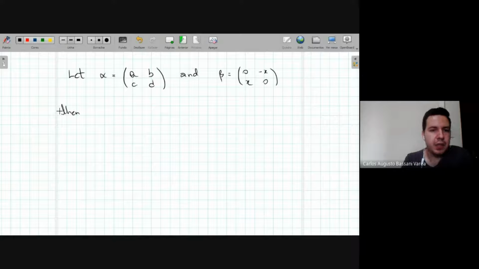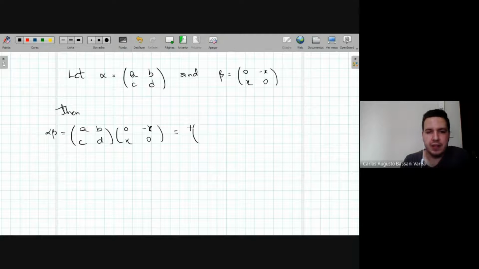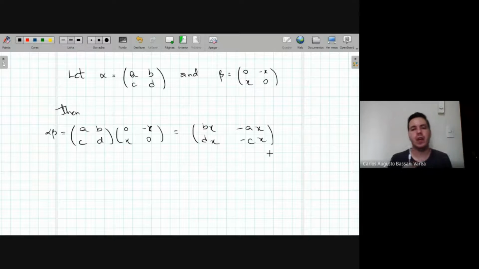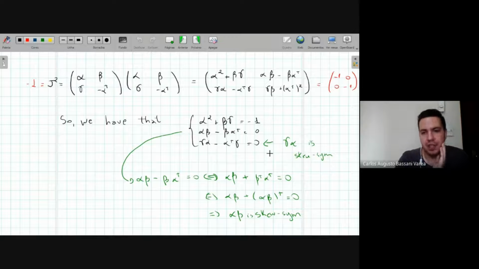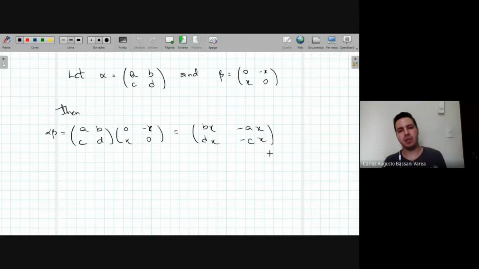Then when we do the product between alpha and beta, we obtain the following: dx, minus ax, and minus cx.